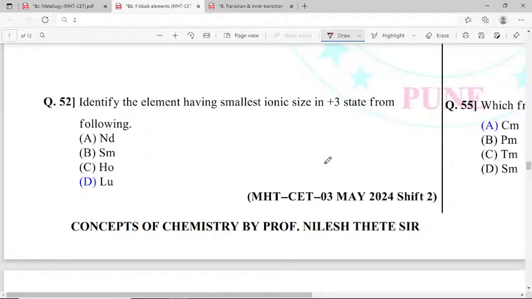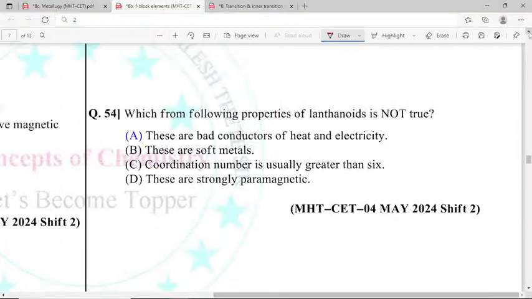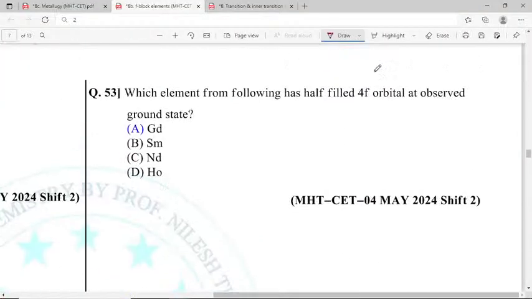Identify the element having the smallest ionic size in +3: lutetium. Again, this is the lanthanoid contraction. Atomic size decreases from left to right, called lanthanoid contraction.